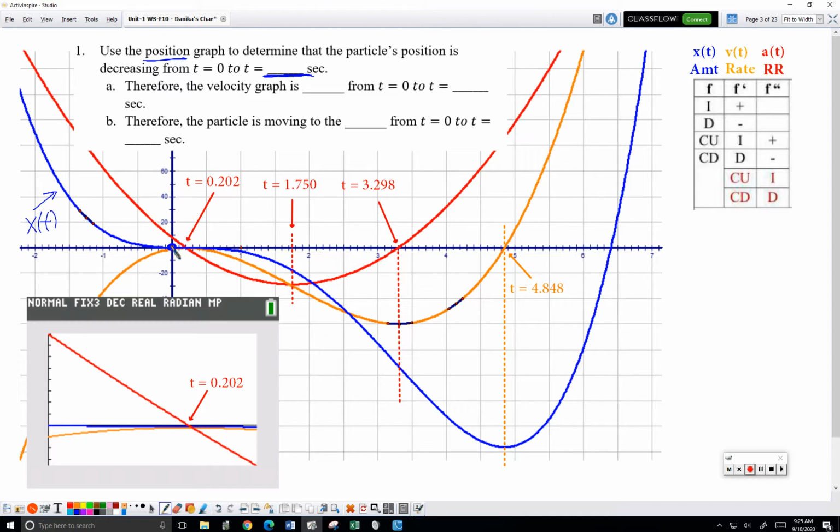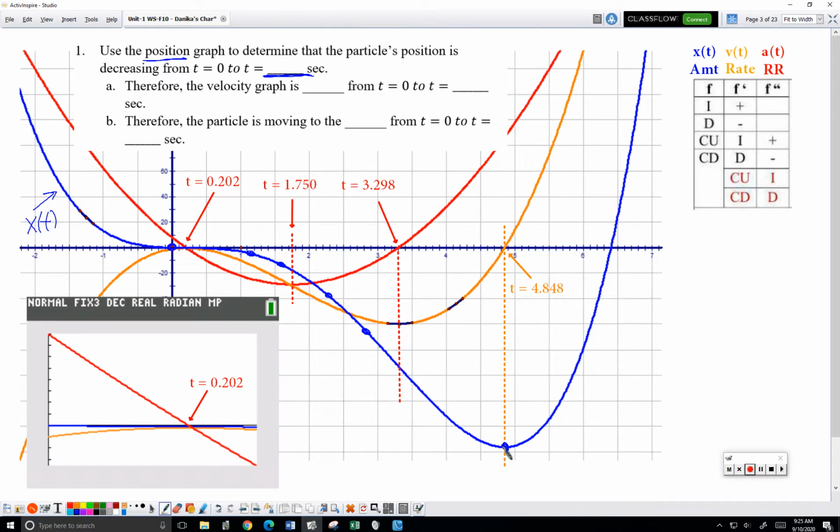4.840. So what I notice is these y-coordinates on the blue graph tell me where the particle is located. So the particle is having a position that is increasingly negative, meaning it is moving to the left until I get right here.